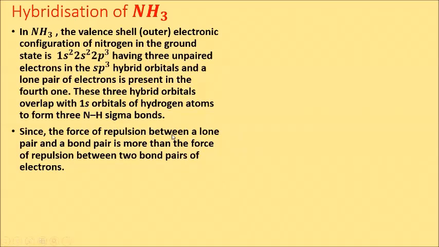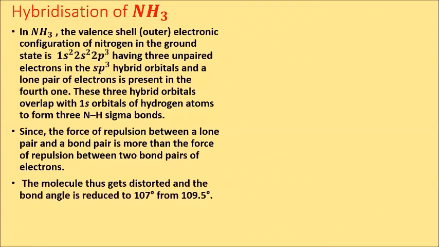Since the force of repulsion between a lone pair and a bond pair is more than the force of repulsion between two bond pairs of electrons, as we have learned, the molecule gets distorted, and the bond angle is reduced to 107 from 109.5.